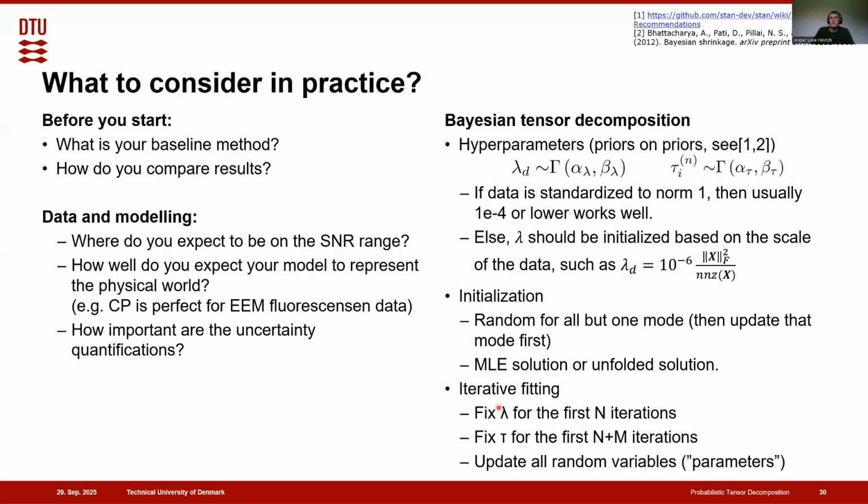It's also important that you gradually start fitting: you should initially just fit your model factors and core array, and then you can open up for the automatic relevance determination, and then you can open more up for noise estimation, because otherwise you can get some funky effects. And here n is maybe 10 or 50, and similarly for m, so it's not huge.